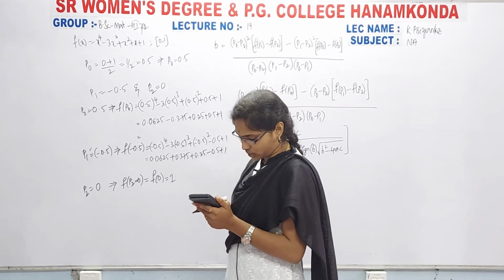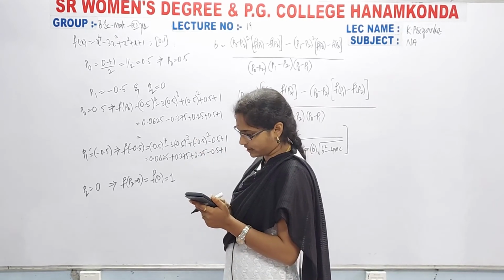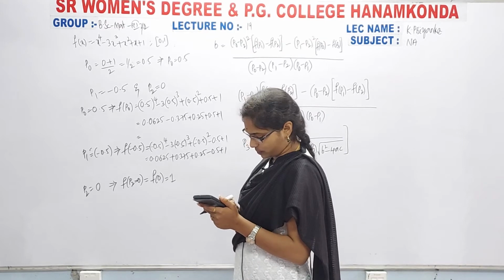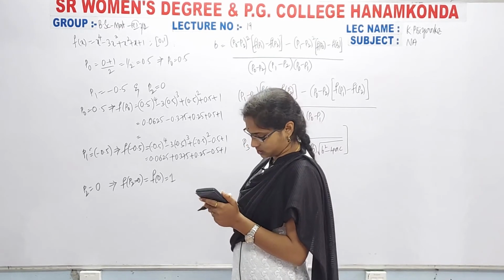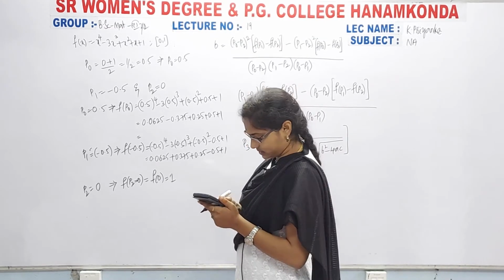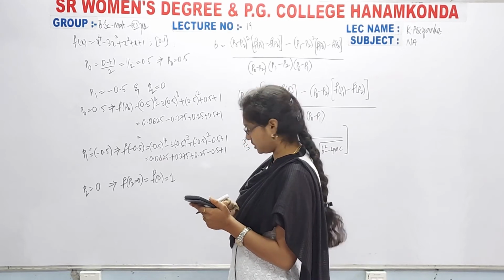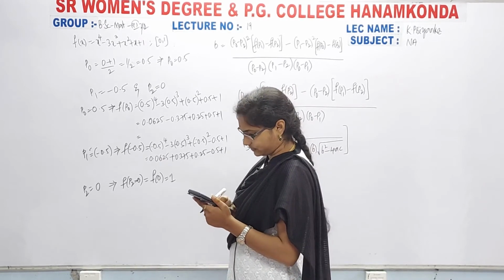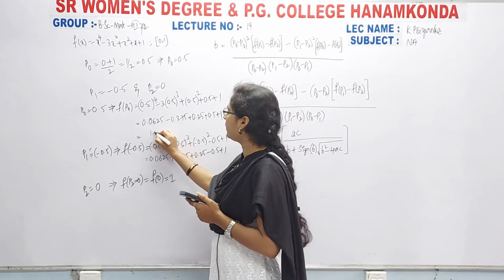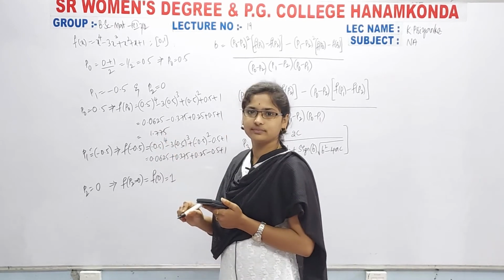Now I am adding all of this: 0.0625 minus 0.0375 plus 0.25 plus 0.5 plus 1. So it is 1.775.